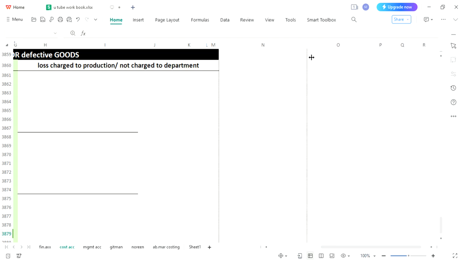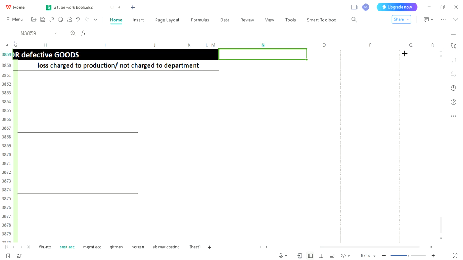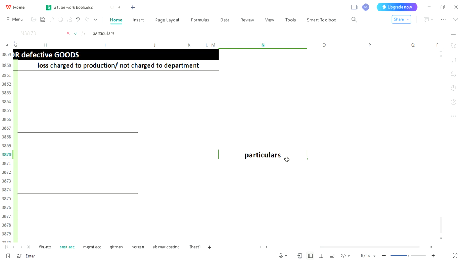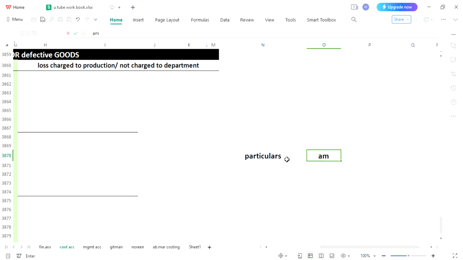For a ledger we have one debit side and a second credit side. Here I have managed to make our debit side. In a similar way you will be making this ledger in your copies. Okay guys, so our ledger is ready. Here you will write particulars, then you will write amount, and here again particulars and amount would be written over here.